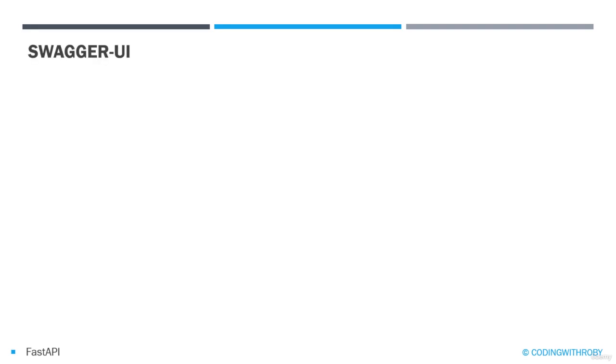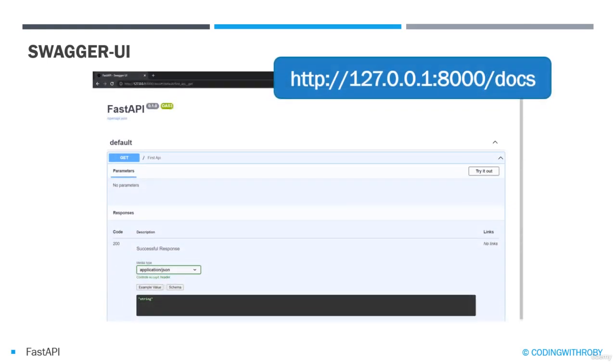FastAPI comes with an interactive API documentation right out of the box. This interactive documentation is created using Swagger UI. If we visit our URL for the project followed by docs, we will get all of the APIs that are currently active within our application.